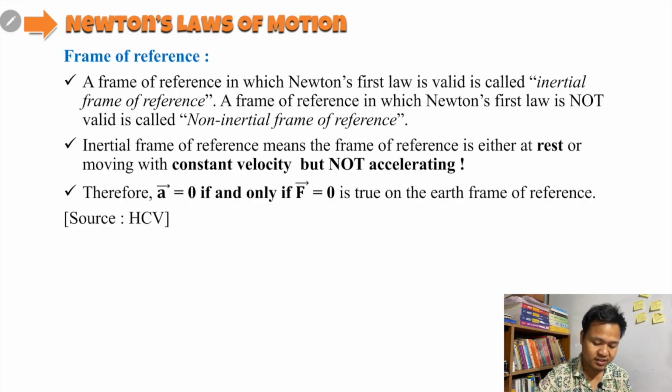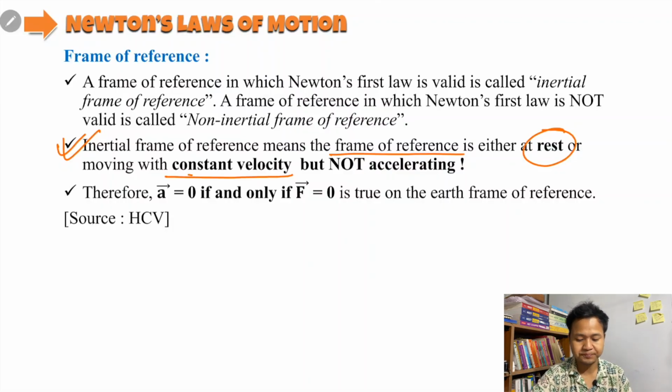Inertial frame of reference: the frame from where you're observing is either at rest, or it is moving with constant velocity.